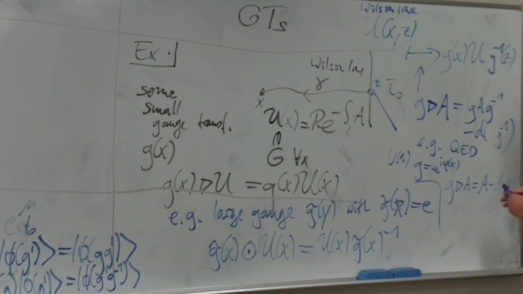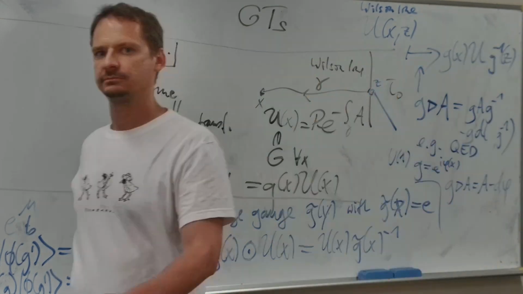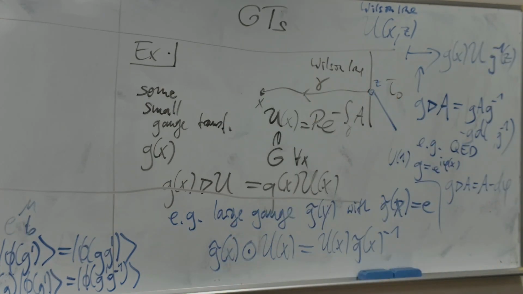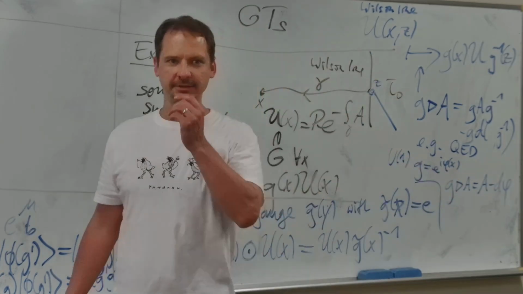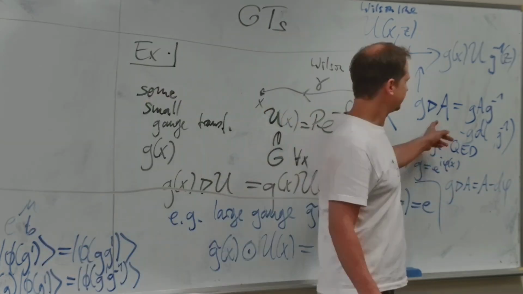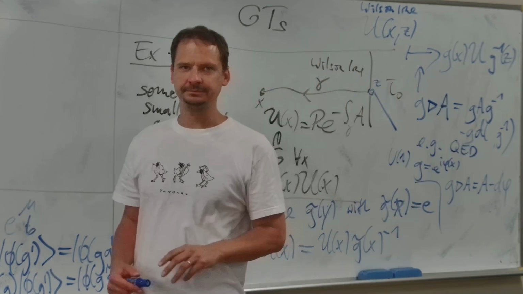It makes sense it would be 0. So these are the standard U1 gauge transformations in Maxwell theories. So this here is just a generalization to non-abelian theories.